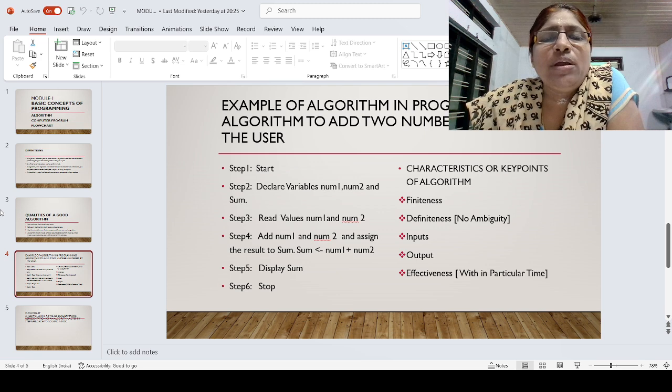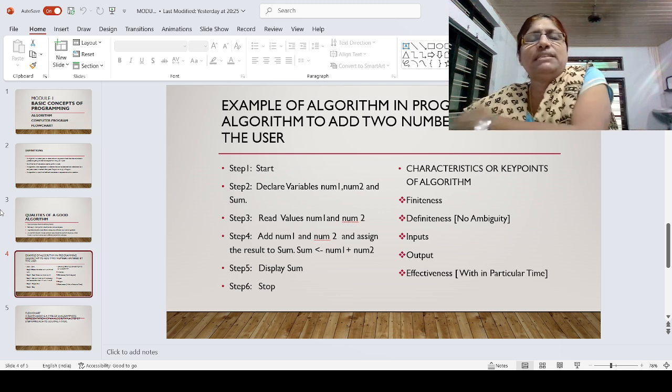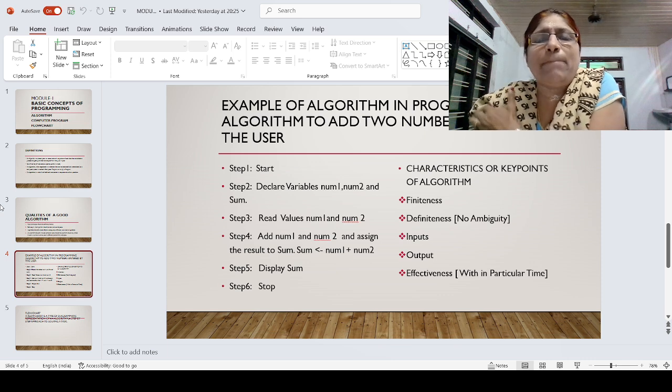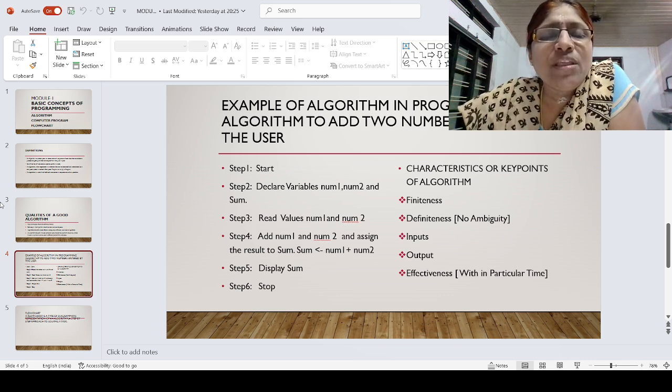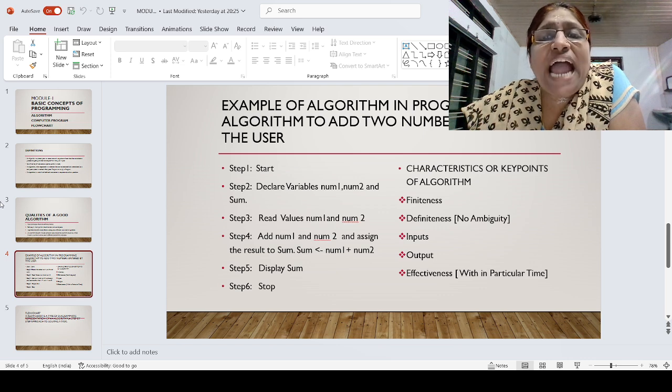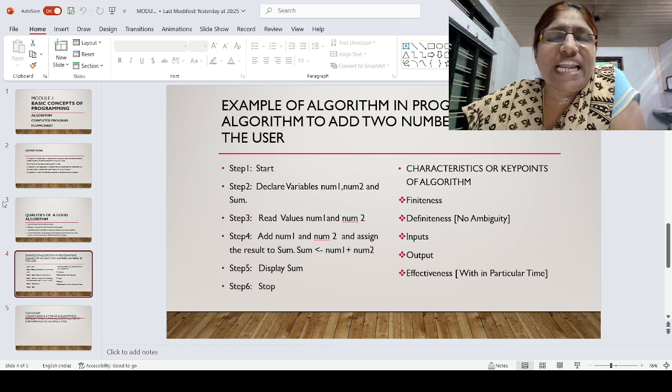And step 2, we have to declare variables: number 1, number 2 and sum. This algorithm is to add two numbers entered by the user. Declaration of variables in the second step.